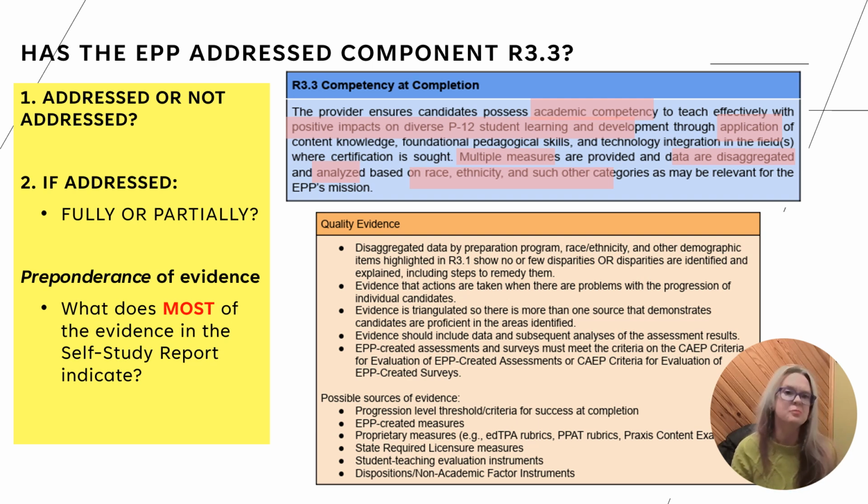I've included two portions that I have found particularly helpful when preparing for this review, and it paid off. So the highlighted component, the key terms in there, and then the indicators of quality evidence and the possible sources of evidence. So, what did you think?